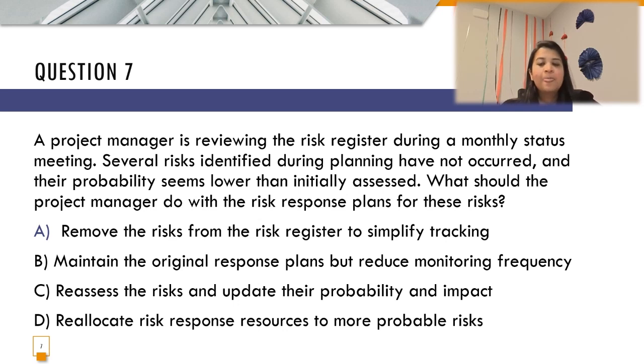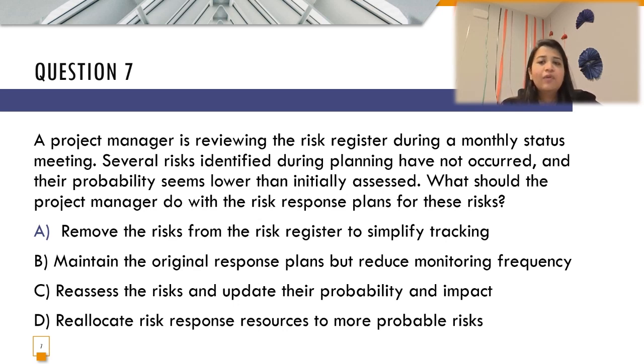Options are: A, remove the risk from the risk register to simplify tracking. Option B, maintain the original response plan but reduce monitoring frequency. Option C, reassess the risk and update the probability and impact. Option D, reallocate risk response resources to more probable risks.